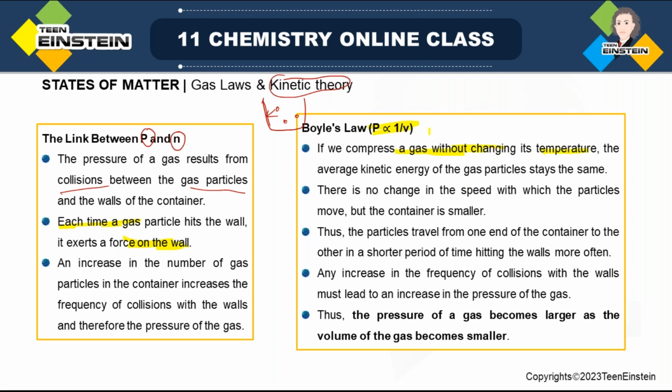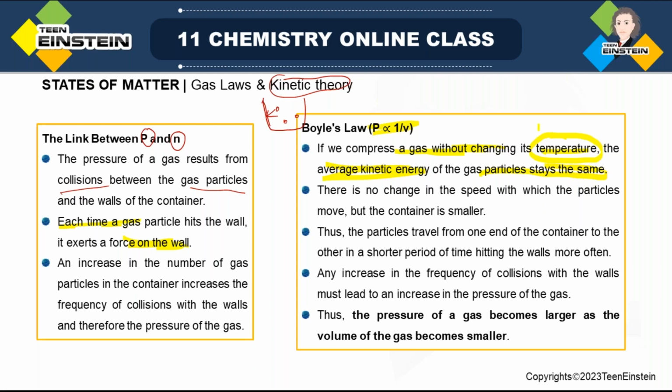If you want to see the relationship between pressure and volume, obviously you have to keep temperature fixed. Fine. Under that condition, the average kinetic energy of gas particles stays the same, because average kinetic energy is related only to temperature. So when you fix the temperature, you are also fixing the average kinetic energy.